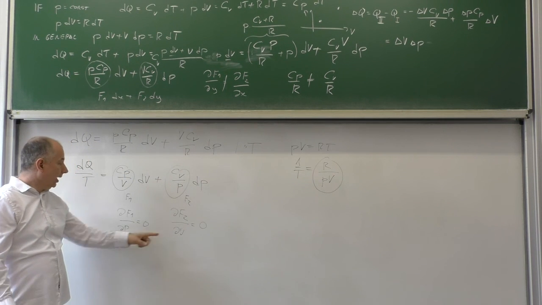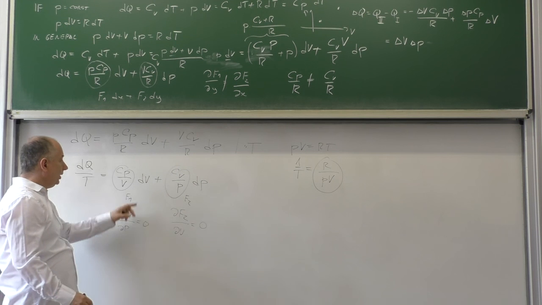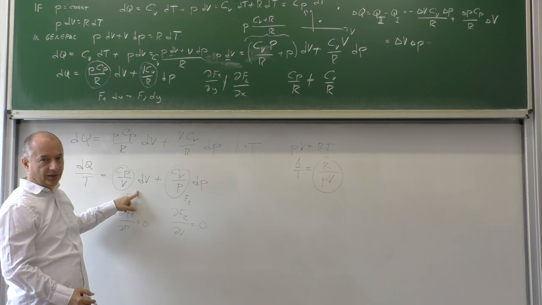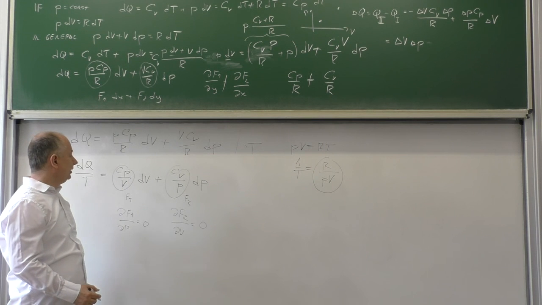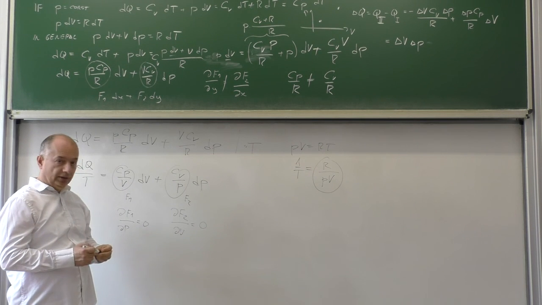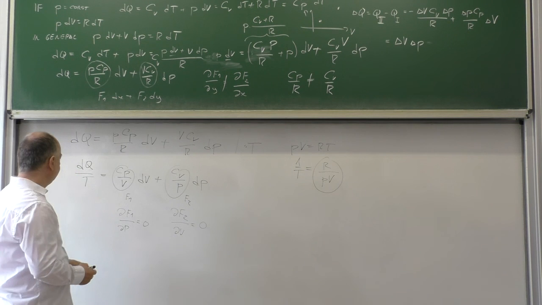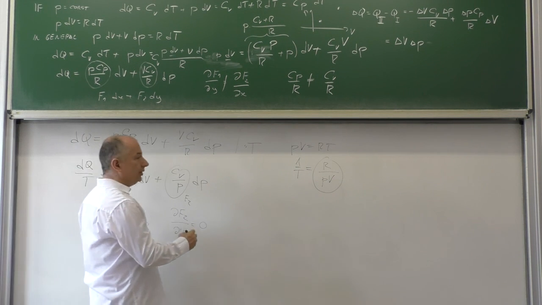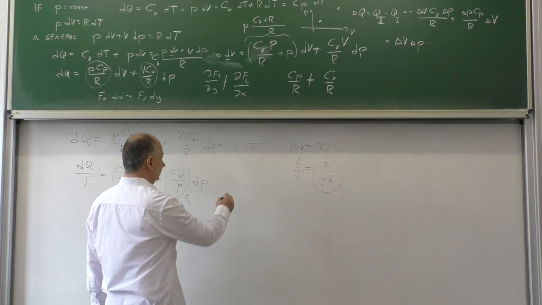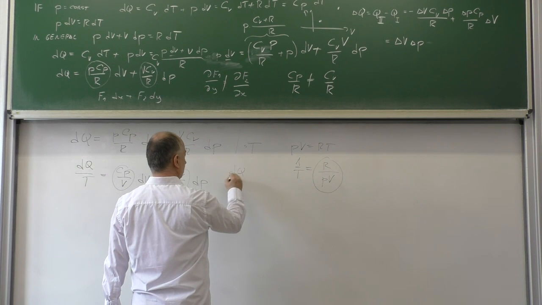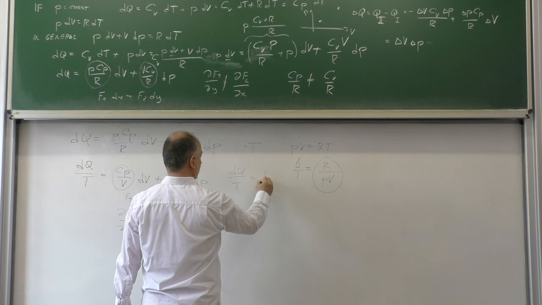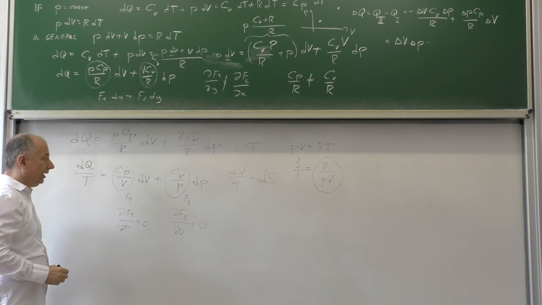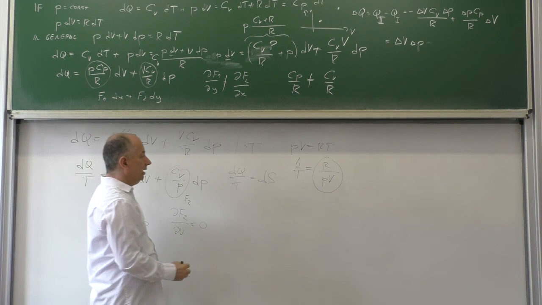You see? And this is true. So this differential form is already an exact differential. This vector field is conservative. It has potential. And the potential is called entropy. So we denote dQ divided by T as dS. And S is called entropy. And this is a state variable.